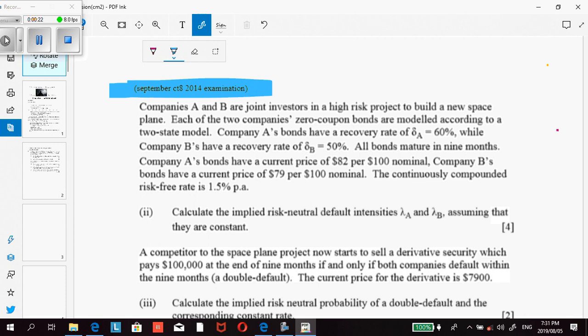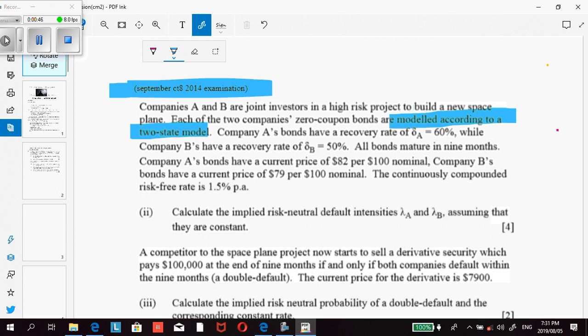Now, they say Company A and Company B are joint investors in a high-risk project to build a new space plane. Each of the two companies' zero coupon bonds are modeled according to a two-state model. That is extremely important.